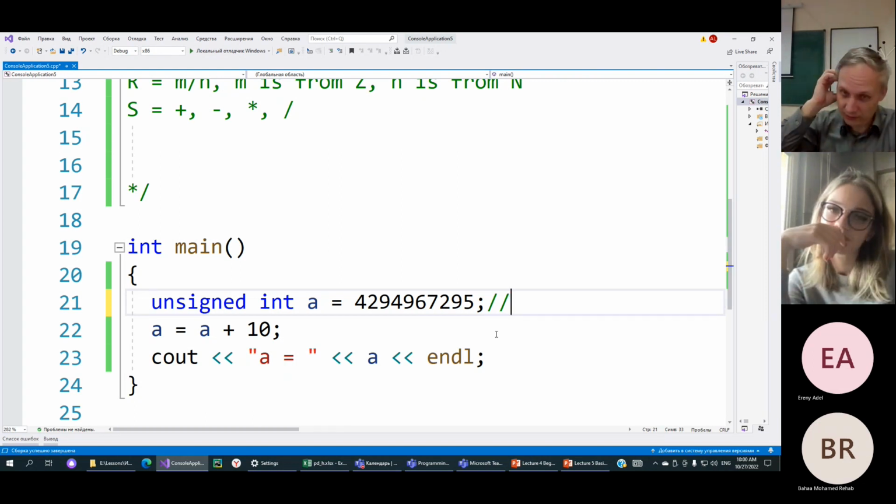Now, just as a fact, this number equals 2 to the power 32 minus 1.